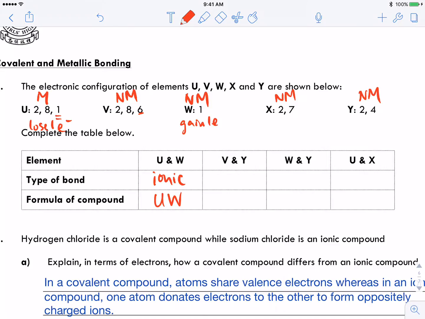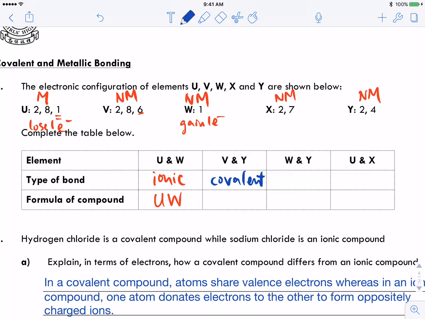Since the number of electrons gained and lost is the same, you don't need to balance it by multiplying the atoms. V and Y. V is non-metal, Y is non-metal. So it is covalent. What is the formula of the compound?